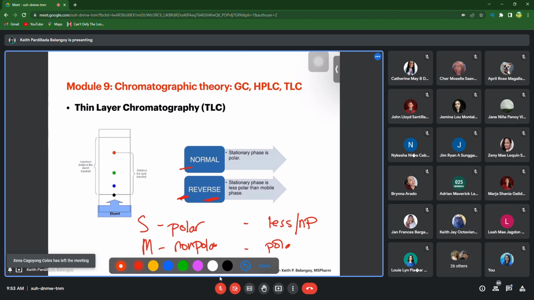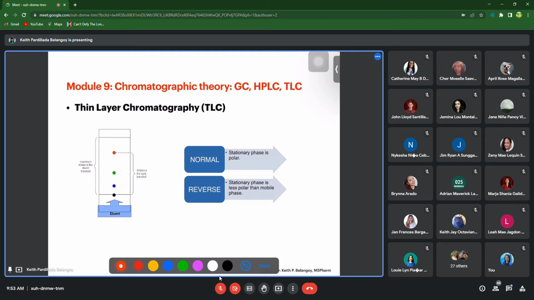So the stationary phase is not polar all the time, and the mobile phase is not non-polar all the time. So we have what we call reverse phase chromatography, which is truly reversed: the stationary phase is non-polar and the mobile phase is polar. Okay?